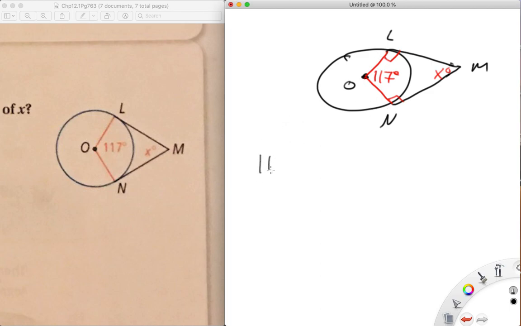So we have 117 plus 90 plus 90 plus x equals 360. Right? And we solve for x. So we're going to subtract 90 and 117 from 360.